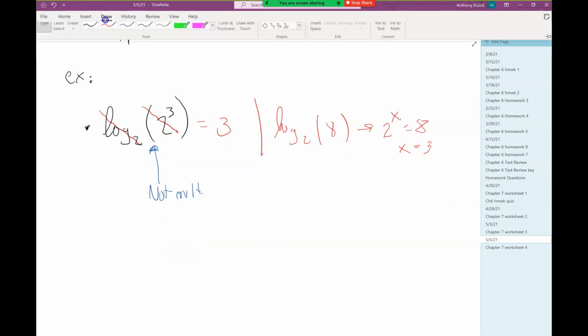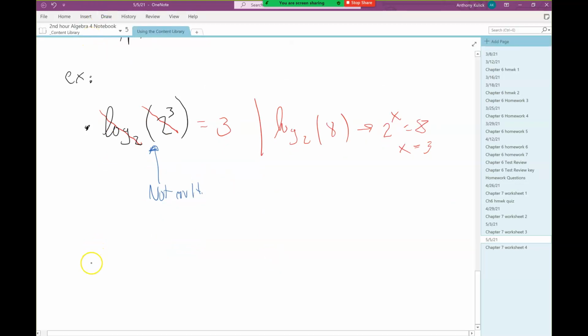Okay. The other side, then, we said that log base b, or the exponent base b, cancels log base b. So you're left with just whatever is in the exponent.